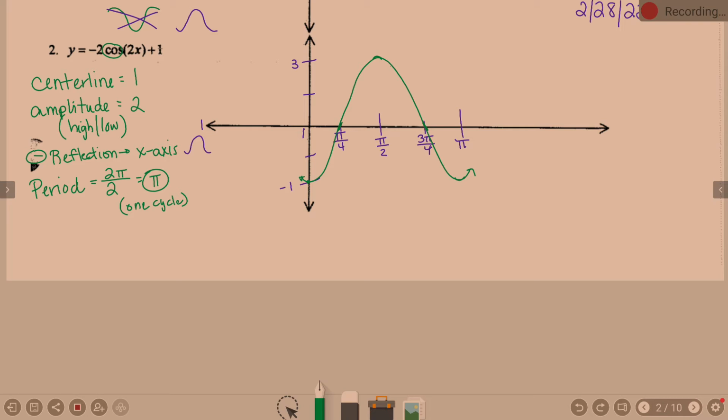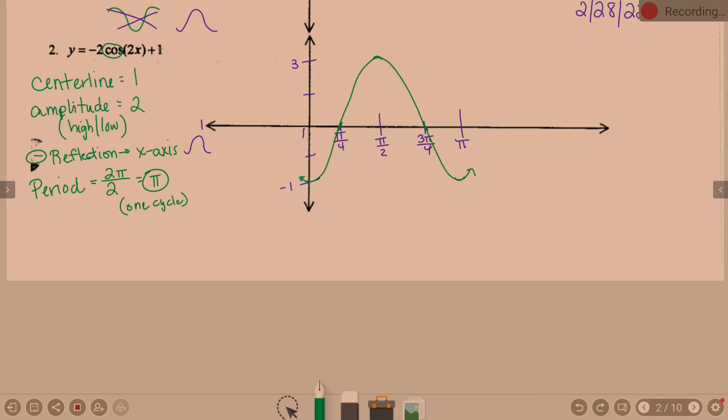Okay, questions I can answer here. So on this, is it always going up and down on the y-axis? Like it'll never go down up. Well, had this been a regular cosine curve, we would have started up top.